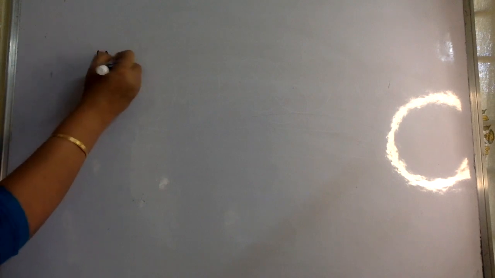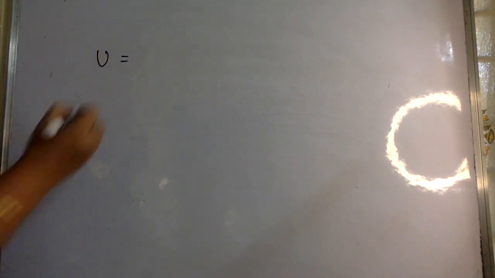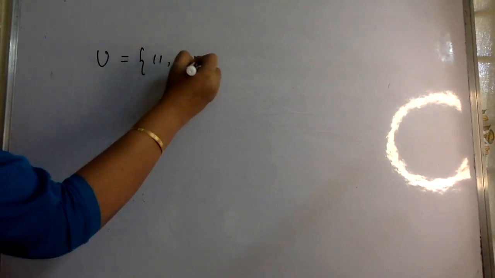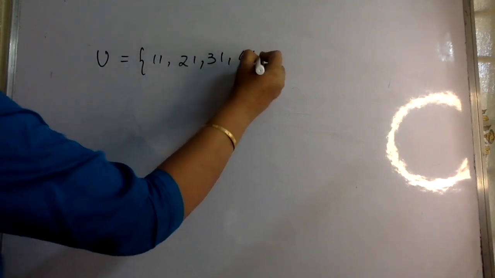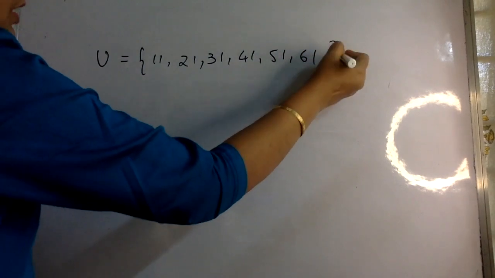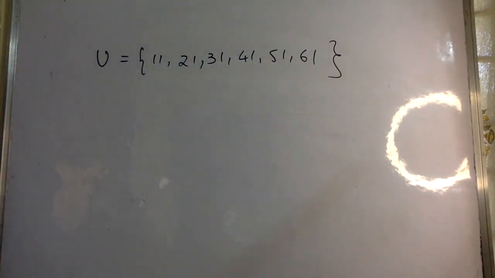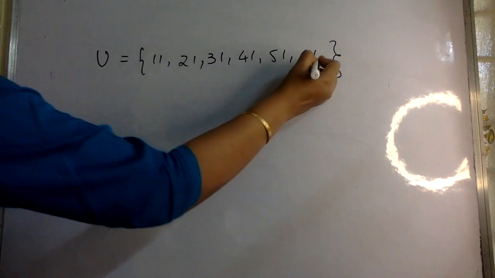We'll now take up one sum. This is how the numericals are asked. U is 11, 21, 31, 41, 51, 61 and also 71.